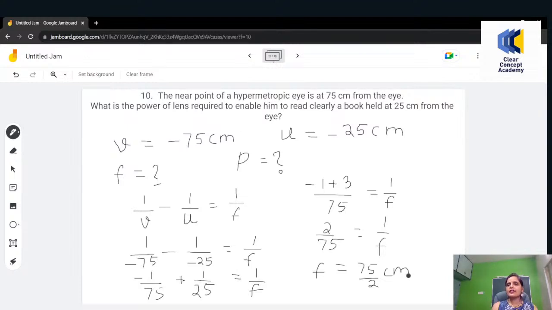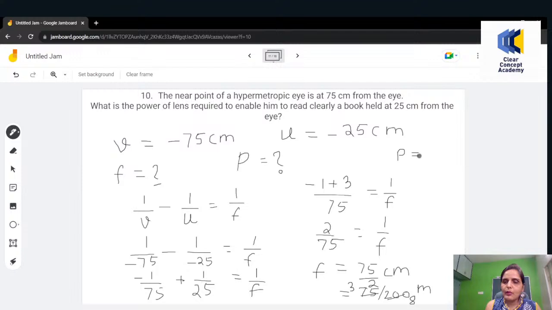But they have asked you to find the power, isn't it? So P is equal to, but is the focal length expressed in meter? No. So to express it in meter, you divide the given number by 100. So this becomes 75 upon 200 meter. Is there any reduction possible? Yes. 3 upon 8. I have divided both numerator and denominator by 25. So focal length is 3 upon 8 meter.